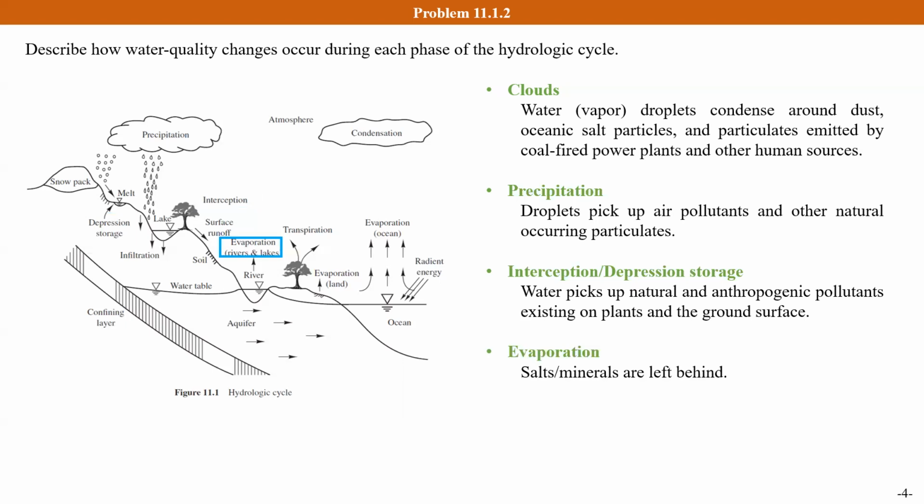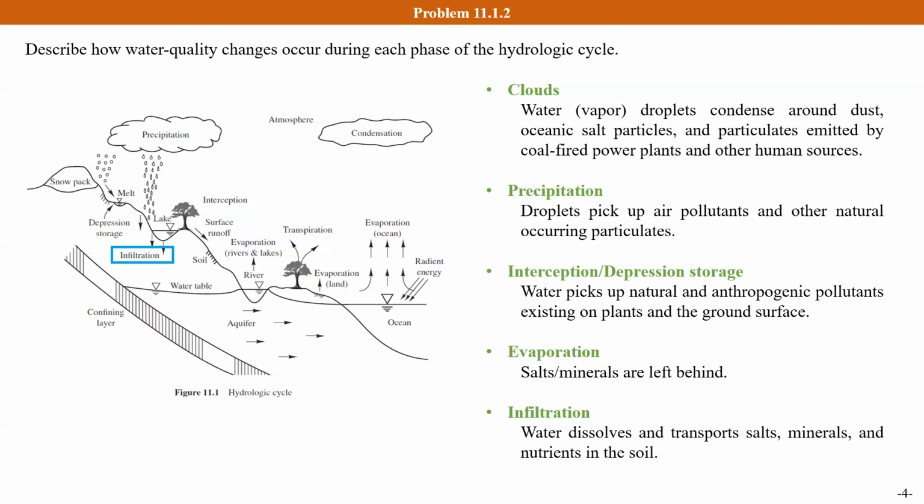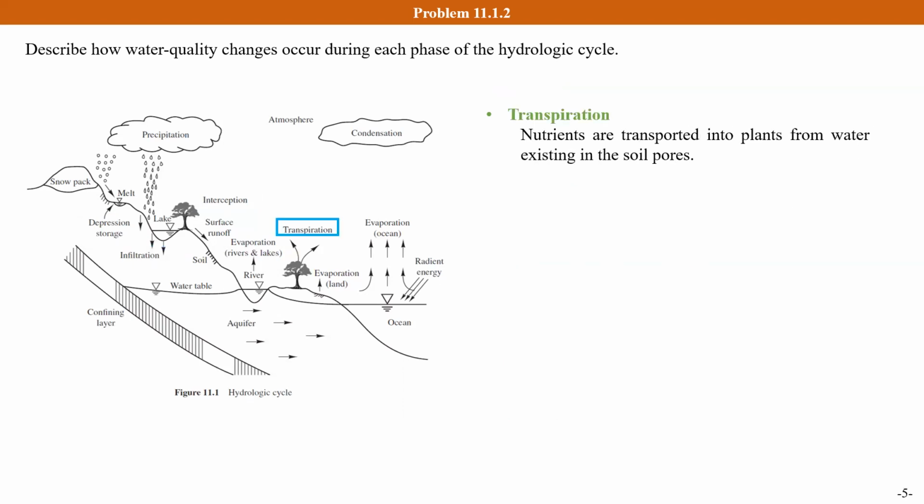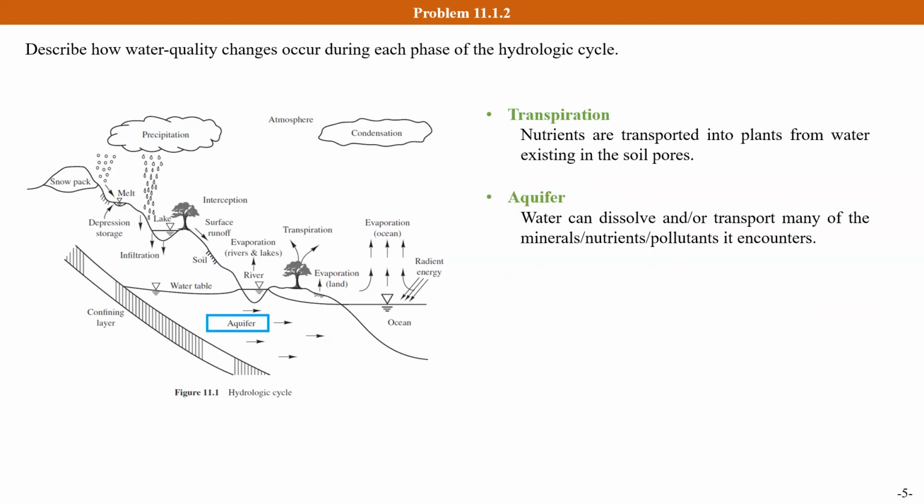For evaporation, the salts and minerals are left behind. And for infiltration, the water dissolves and transports salts, minerals, and nutrients in the soil. For transpiration, nutrients are transported into plants from the water existing in the soil.